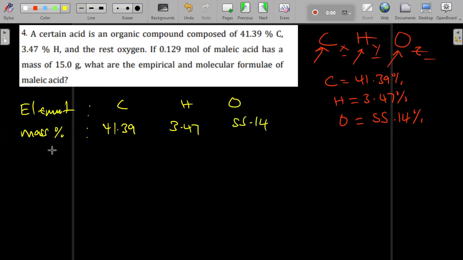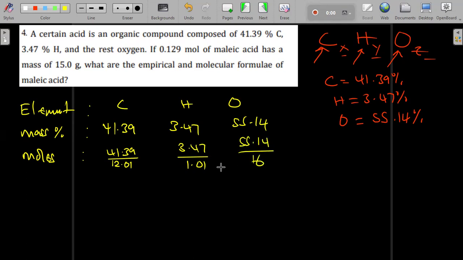After you find your mass, you go on to find the moles. For the moles, you divide the mass percent by the molar mass of carbon, which is 12.01. Here we divide the percentage mass of hydrogen by its molar mass, which is 1.01. And here it will be 55.14 divided by its molar mass, which is just 16. Once you divide those, you're going to have moles.